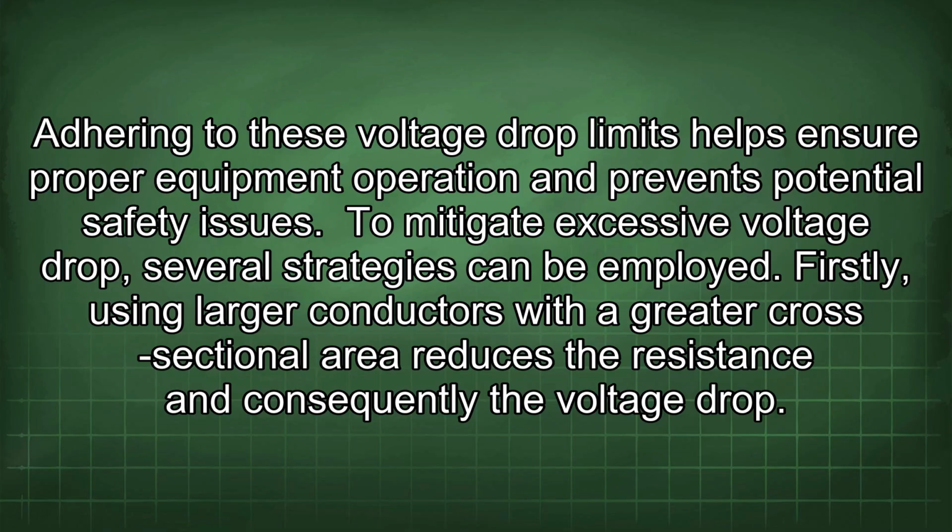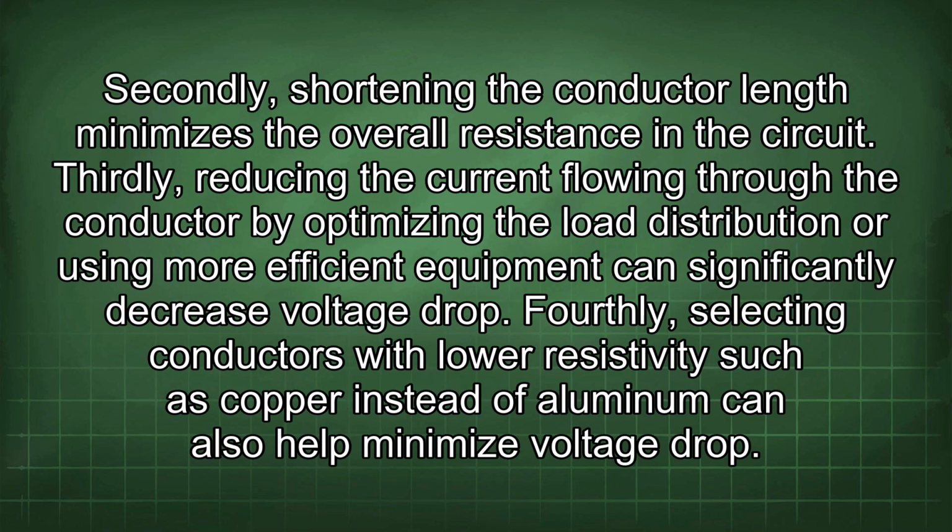To mitigate excessive voltage drop, several strategies can be employed. Firstly, using larger conductors with a greater cross-sectional area reduces the resistance and consequently the voltage drop. Secondly, shortening the conductor length minimizes the overall resistance in the circuit.